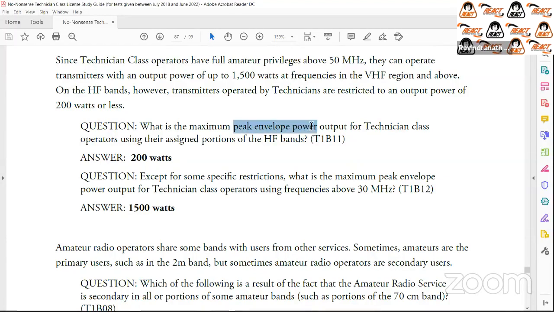This is a peak envelope power output and so on. So let's dissect it. Maximum PEP or maximum peak envelope power. So the question here is asking about power. What power? But for what class? The technician class. What band? HF band. And as we showed on the band plan in the slide deck today, 200 watts is what a technician class is allowed on the HF band where they have privileges.